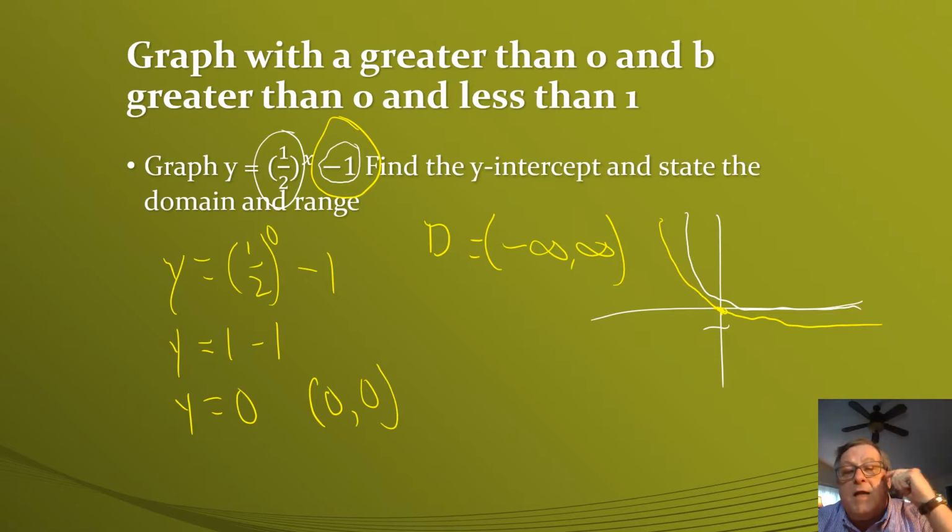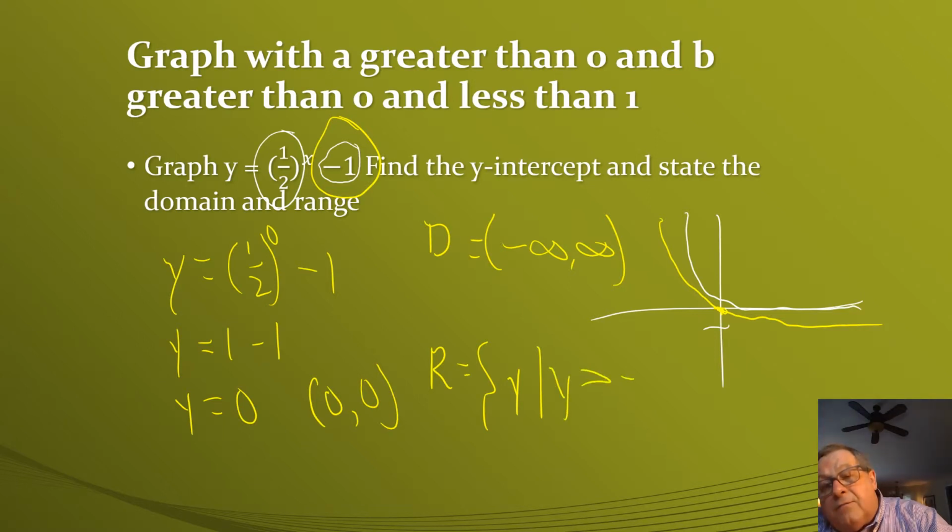We'll go in and look at the table, but it's never going to equal or be less than -1. So my range, we might say, is equal to y such that y is greater than -1. Or we could write it as simply y is greater than -1.